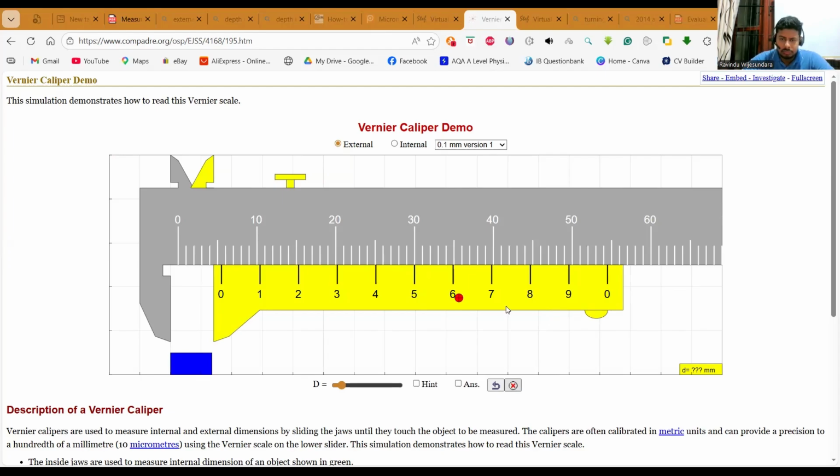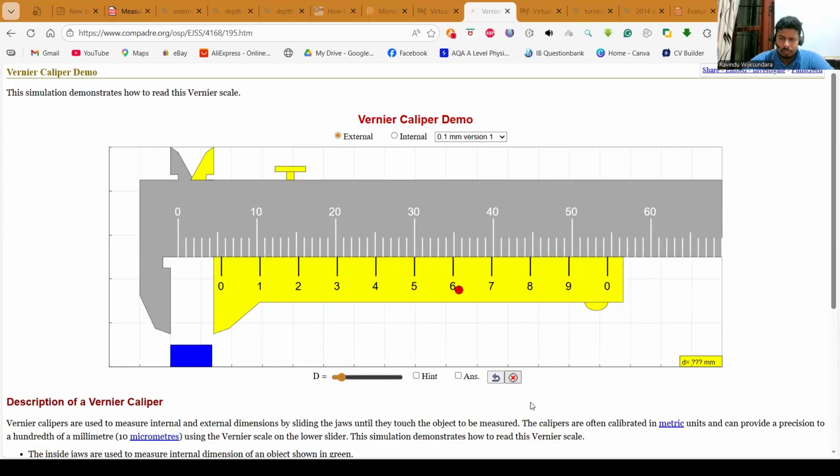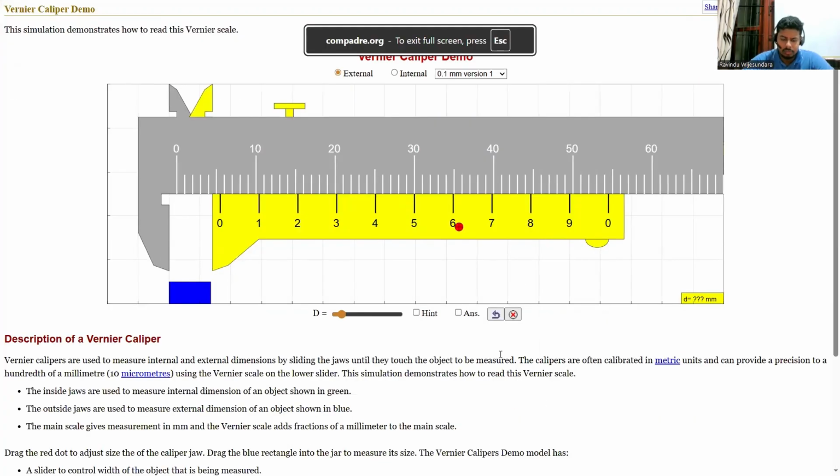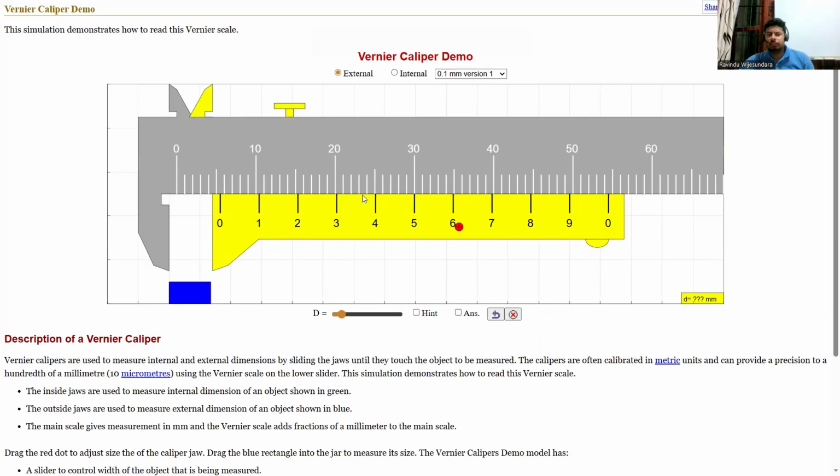Try to read this one. I'll try to make it a bit larger. Okay, it is coming a bit larger. Quickly calculate the least count. Then try to get the value of this reading, so we can check whether the answer you got is correct or not.